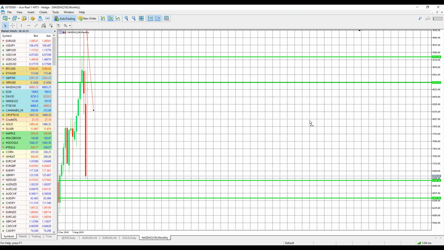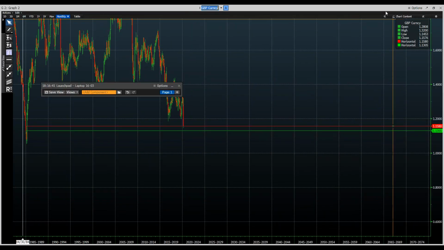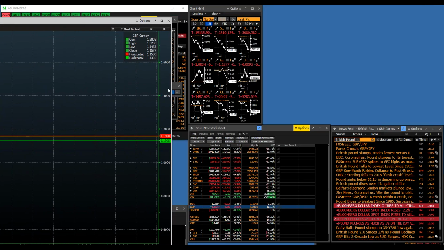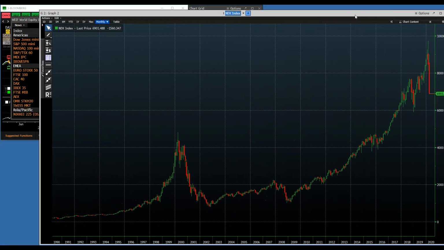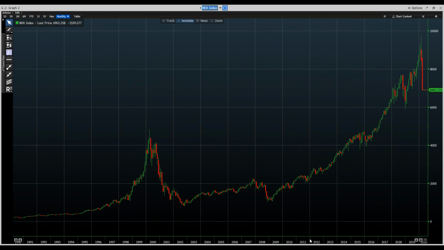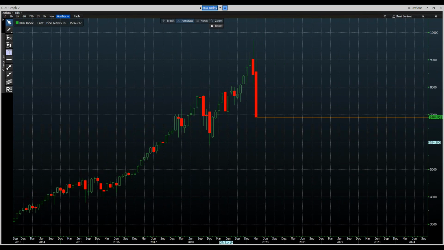The price chart doesn't really go back that far, so we unfortunately have to go back to this terminal, and let me show you where the Nasdaq prices are really going to go and what the levels are. Then we will quickly look at NDX as well, and because of the short time that we have, we will discuss the levels in terms of percentages and where I am looking to buy.